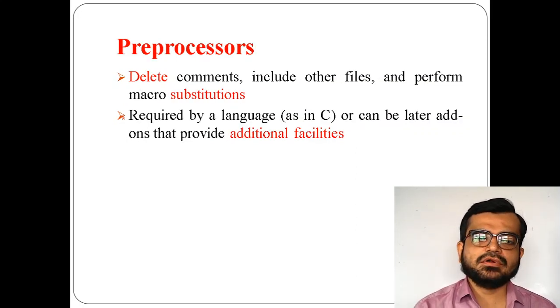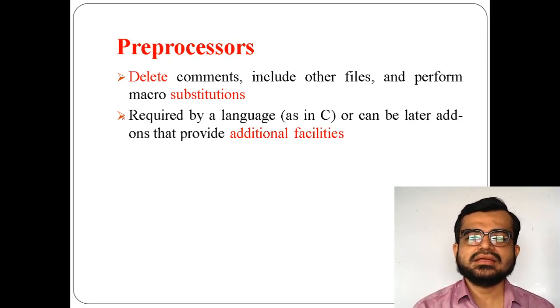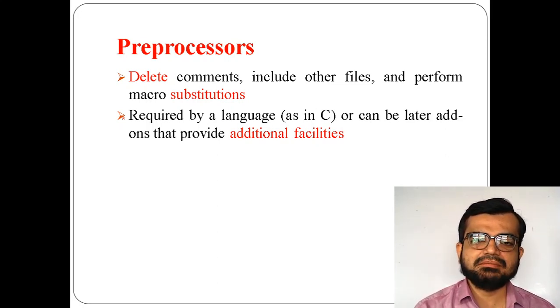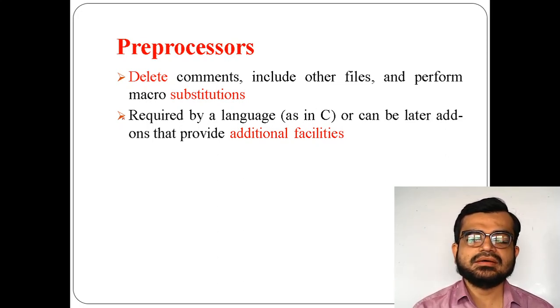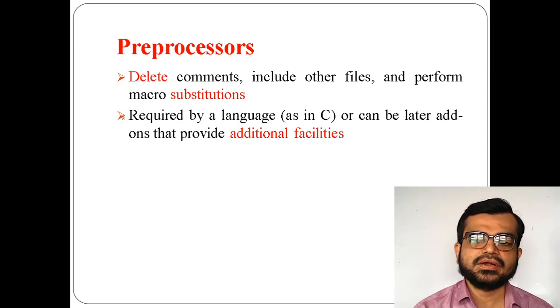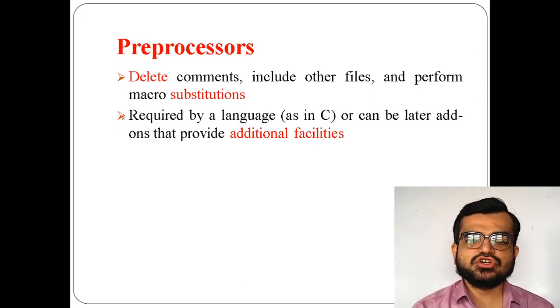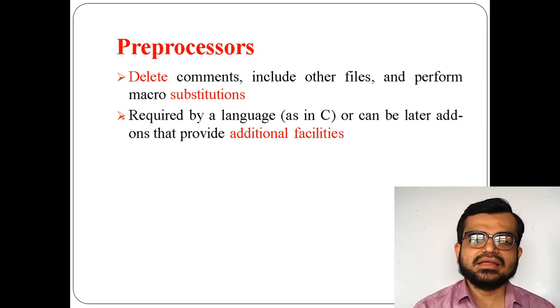Next, if you go with the preprocessor, preprocessors are something like other files which are used explicitly. If you want to include some extra properties in a program so that it performs the task we expect from it, this can be done by substituting other files in the given program.